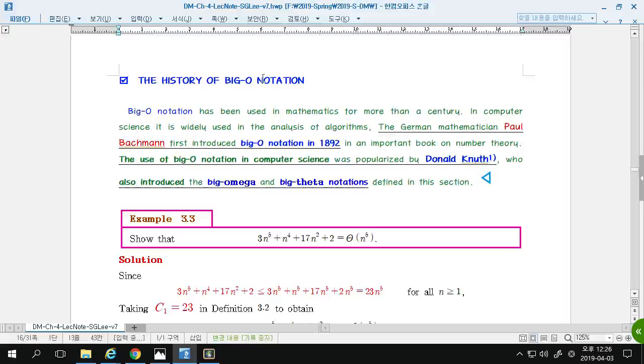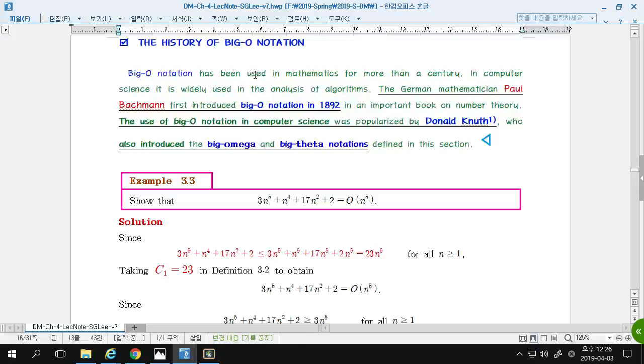Now let's take a look at the history of big O notation. Big O notation has been used in mathematics for more than a century, and in computer science it is widely used in the analysis of algorithms.